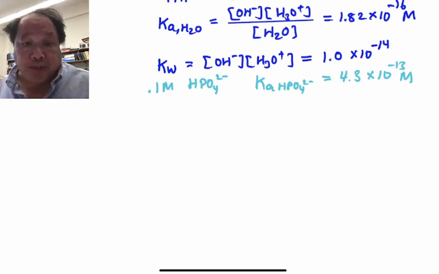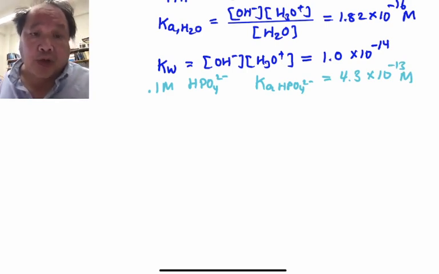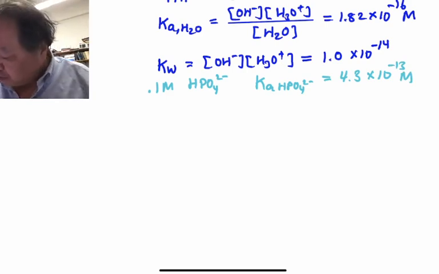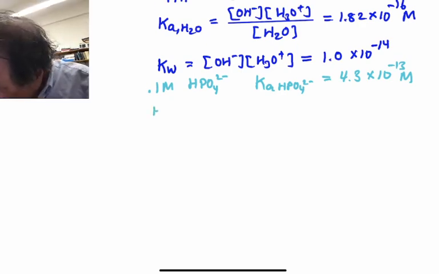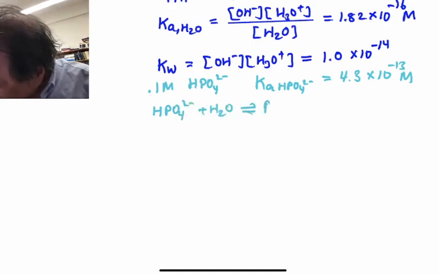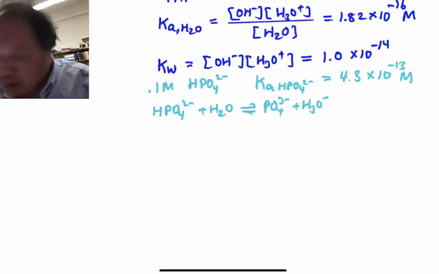And so they can both be predominant acids, both the water itself and HPO4 2-. So when we set up the problem, we're going to have the two reactions, HPO4 2- plus H2O going to PO4 3- plus H3O+.